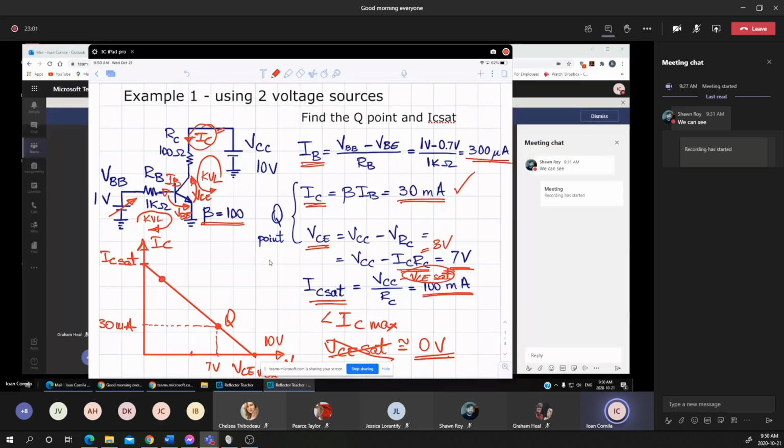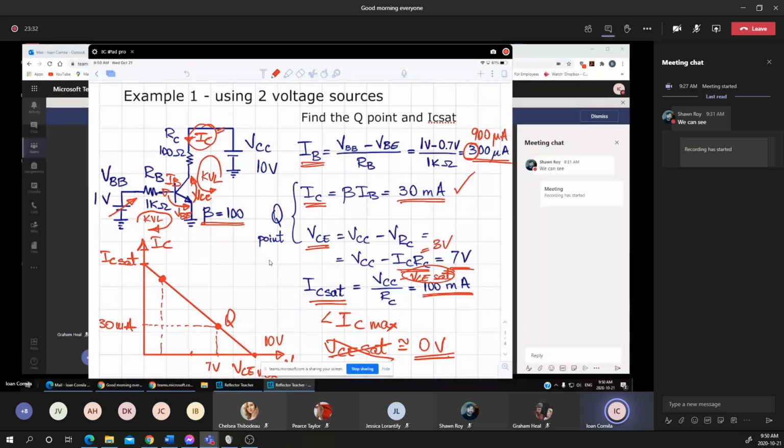I'm trying to make the Q point of this transistor closer to the saturation region, which means I'm pushing the collector current close to the saturation value, and you notice that at this point the VCE becomes smaller.